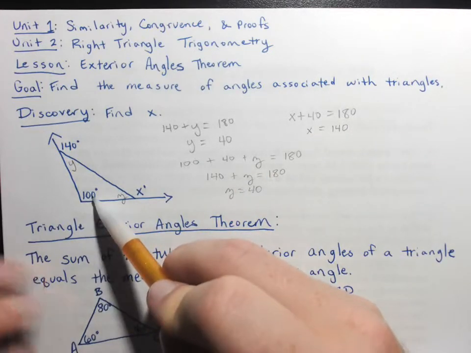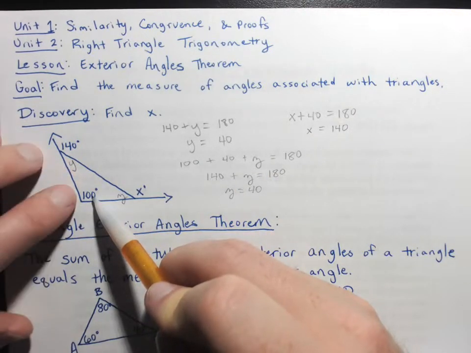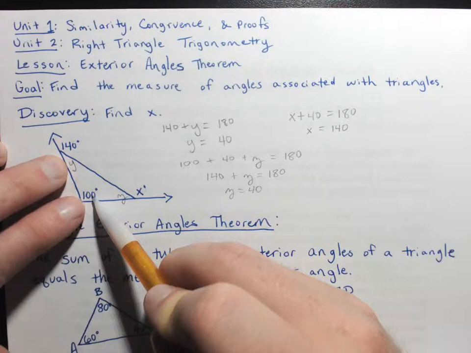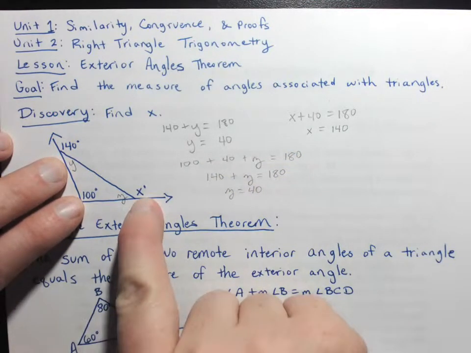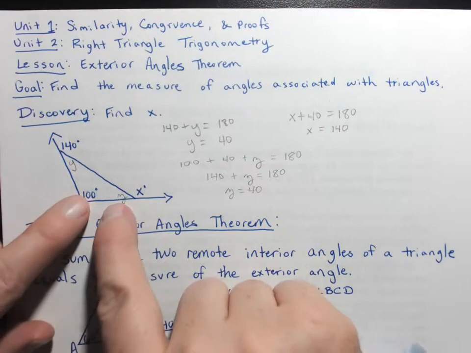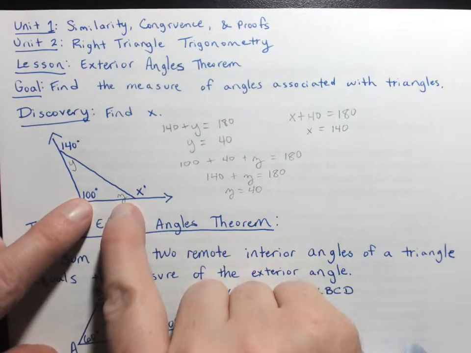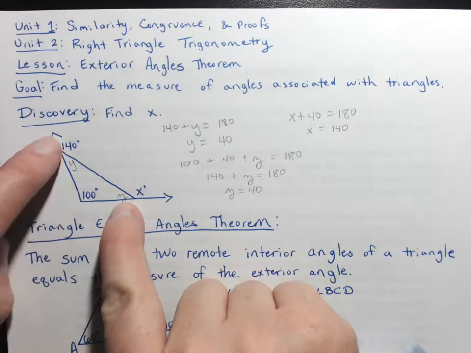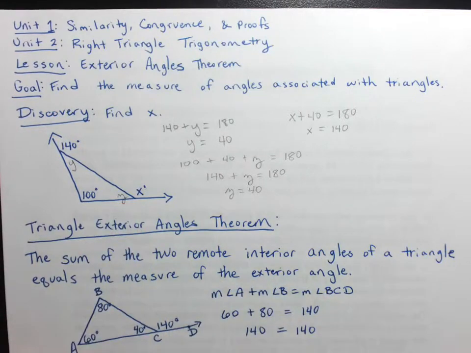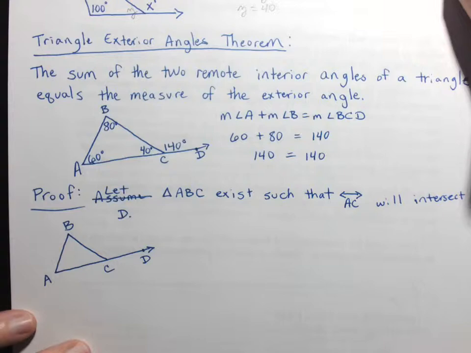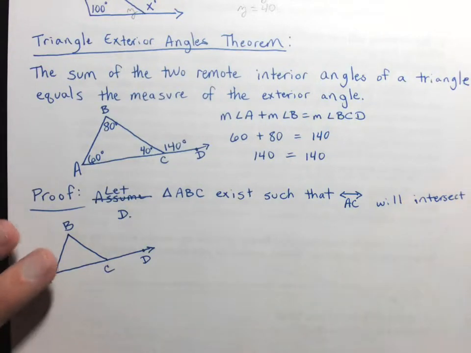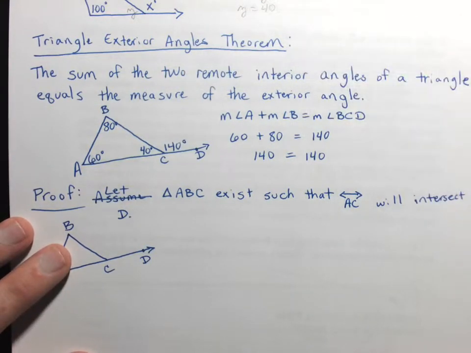If we take 100 and y and we add them together, we get 140, and we notice we had 140 several times. And also notice that this x here is 140. Notice the same here, 100 and z, these two angles here, 140. It's the same as that angle out there, which is kind of where I'm headed with this triangle exterior angles theorem. The sum of the two remote interior angles of a triangle equals the measure of the exterior angle.